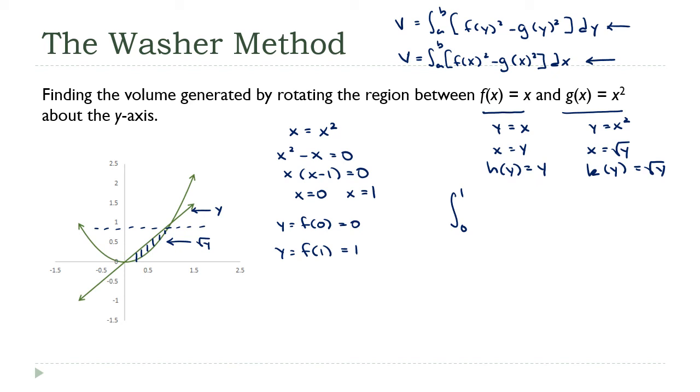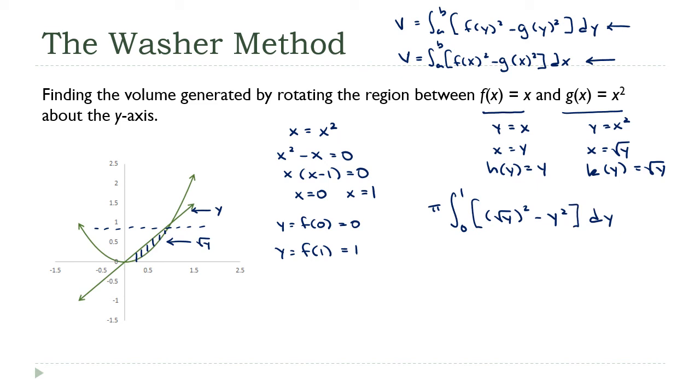Well, that's the square root of y function, so that's the one that goes first when we're integrating for a y-axis rotation. So this is going to be pi times the integral of the square root of y squared minus y squared dy.